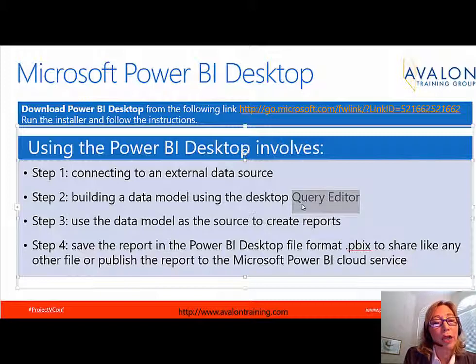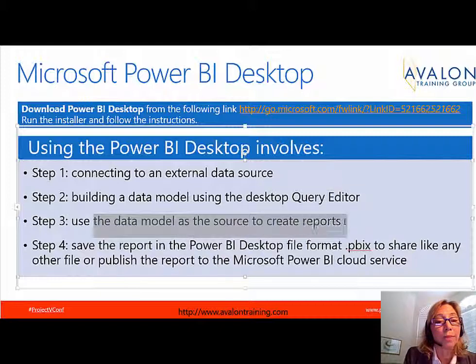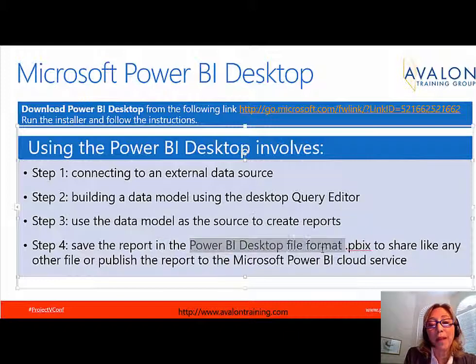So you can filter out records that you're not interested in. You could build formulas that take a variance between two existing fields. So once you've built that data model, you can use the data model to create your report. You can save the report in the Power BI desktop file format, which is an extension PBIX, or you can publish that to the Microsoft Power BI cloud.